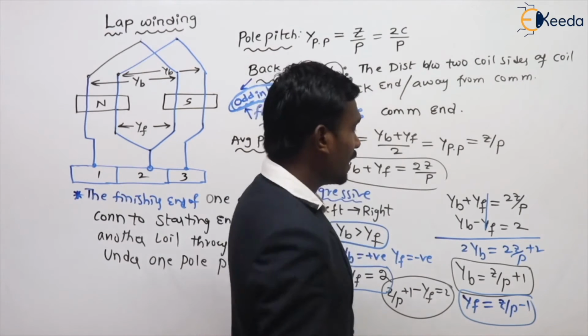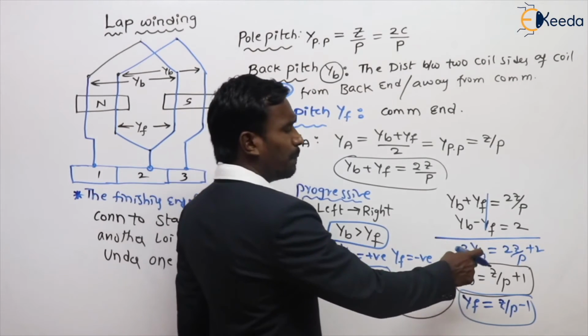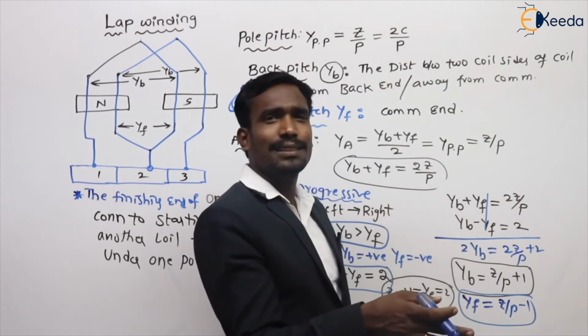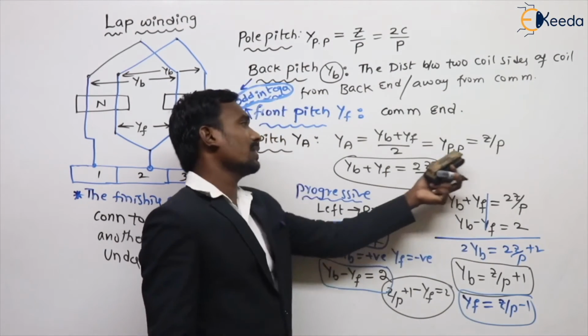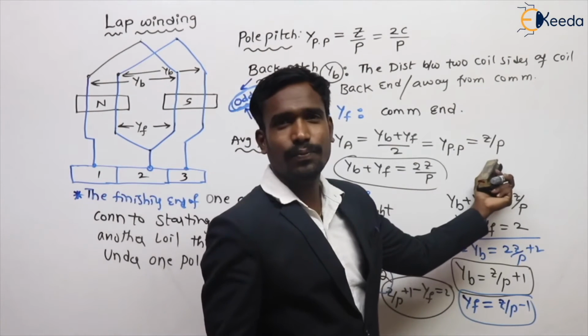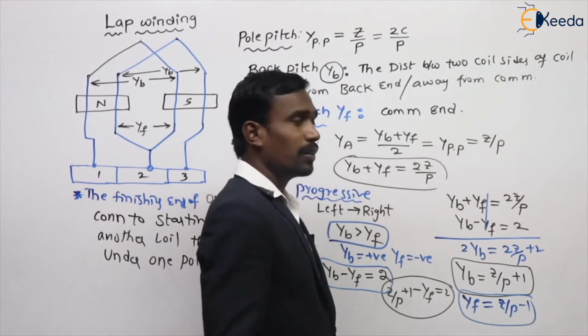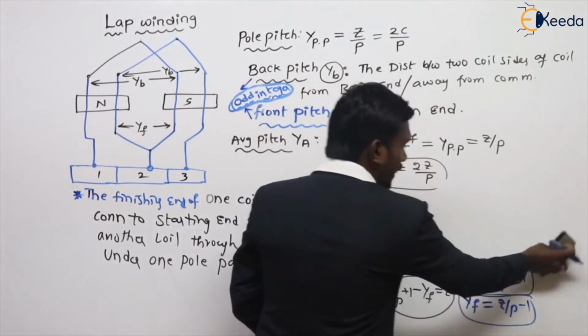Yes or no? The average of these two: Z by P plus 1 plus Z by P minus 1. Minus 1 plus 1 cancel. 2Z by P by 2, 2 gets cancelled. The average of these two is equal to Z by P. This is the back pitch and front pitch for progressive lap winding.